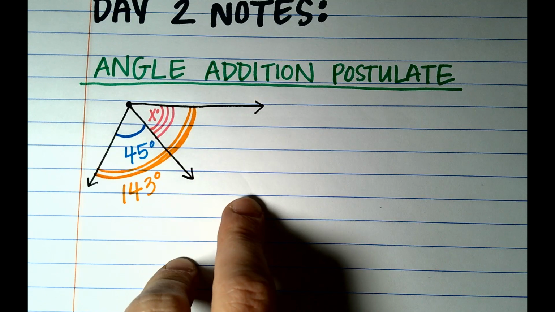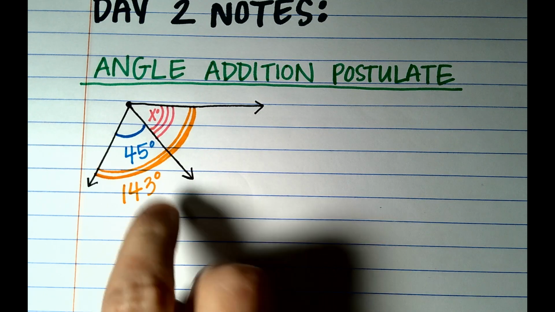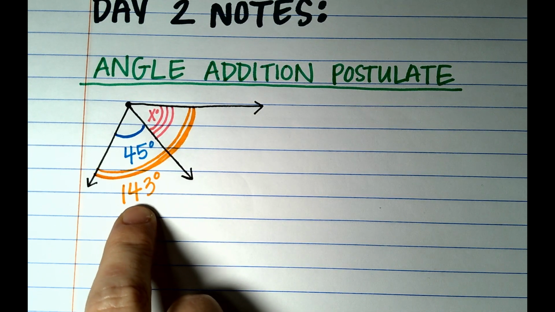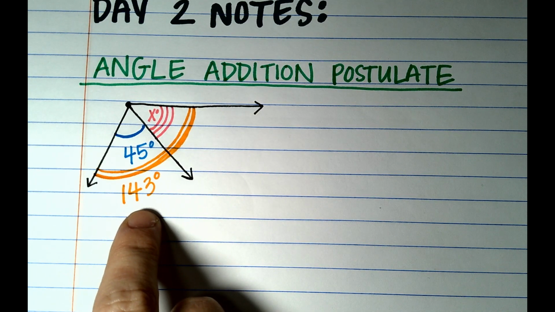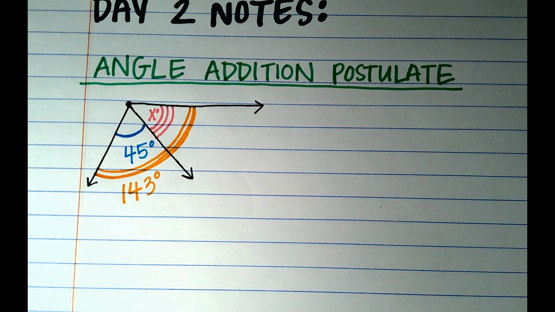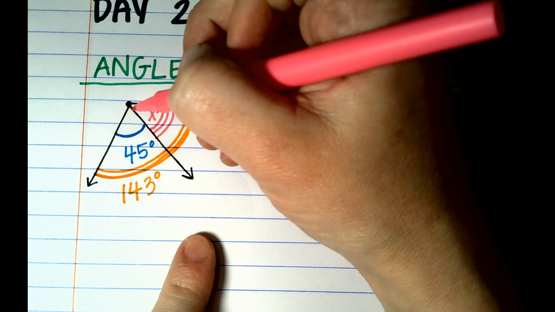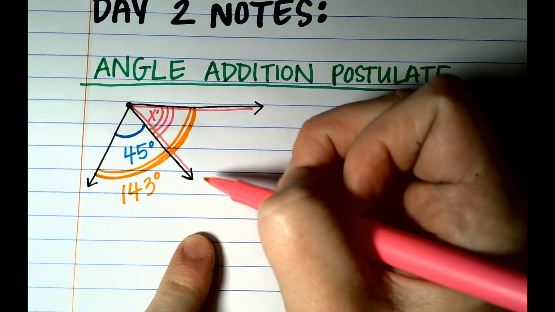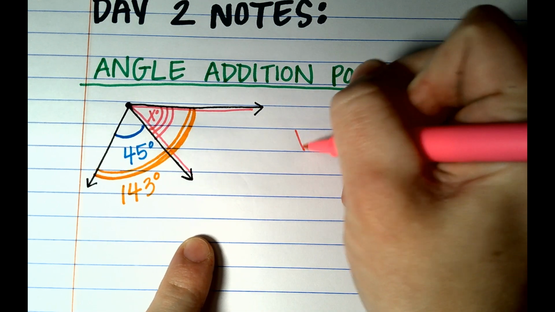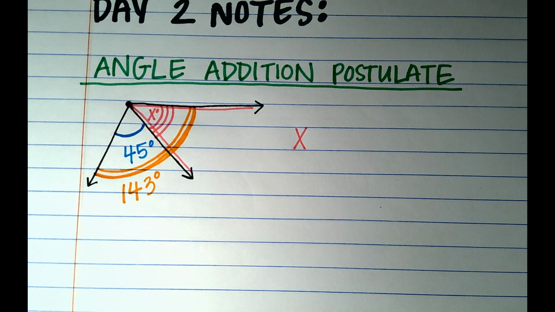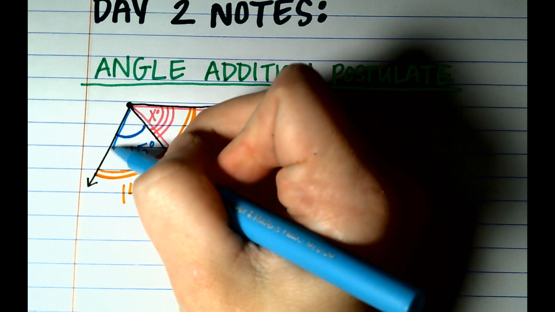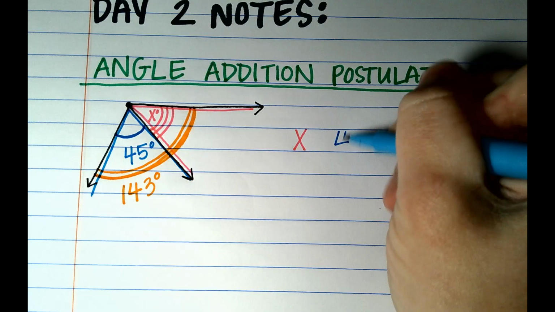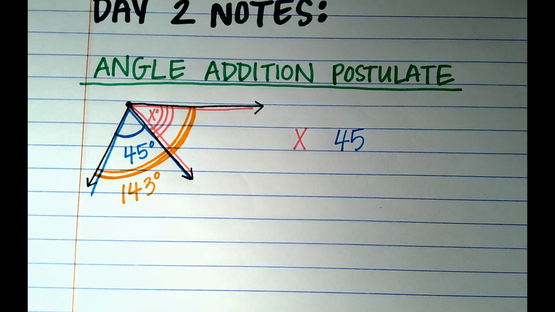Add what together? 45. Almost there. X plus 45 equals 143. That's it. Okay, so what's happening here is this is my X angle, so I have X, and when I add that to my other small angle, 45, I'm going to write a plus there.